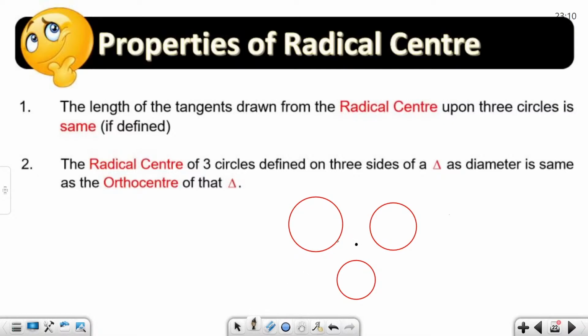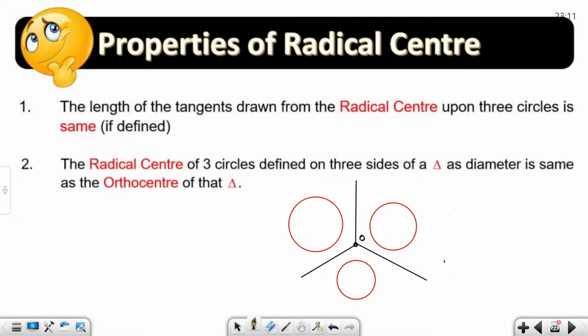Actually, let me just draw the radical axes. It will be better for you to understand. So this is the first radical axis, this is the second one, and this is the third one, correct? Now this point is basically the radical center. Let us say this is my O.